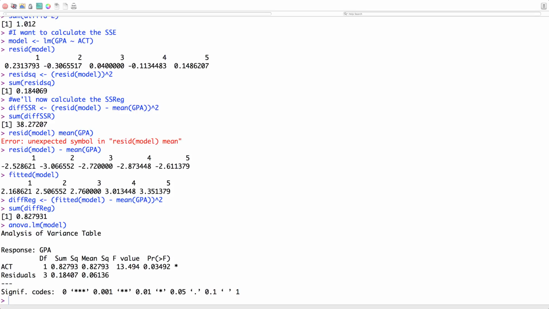But the total sum of squares of 1.102 doesn't add up to that. So 0.82793. I'm examining this right here, and you can see that the value that I got before, the 0.828 right here, is exactly what I should have got, and the 0.184.